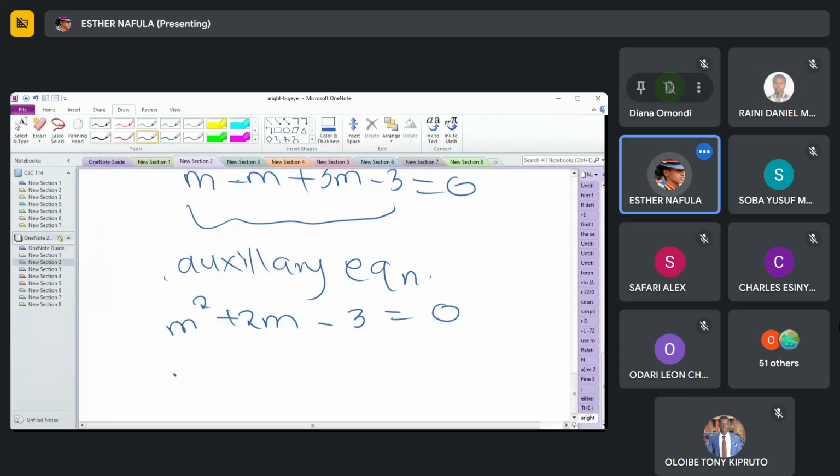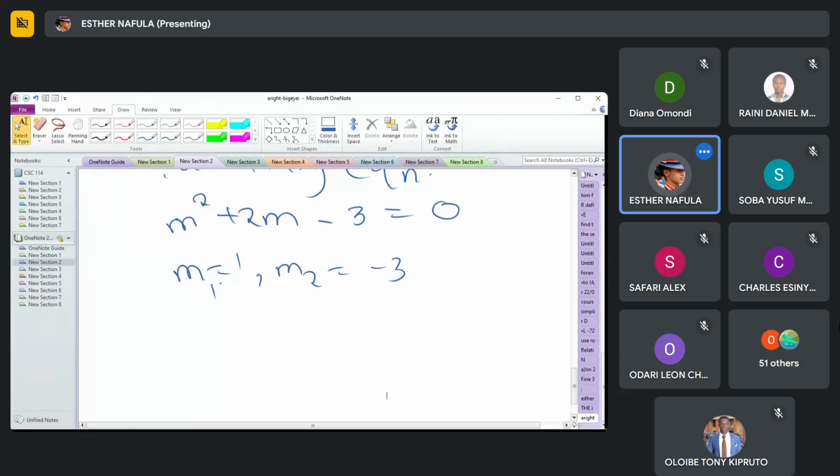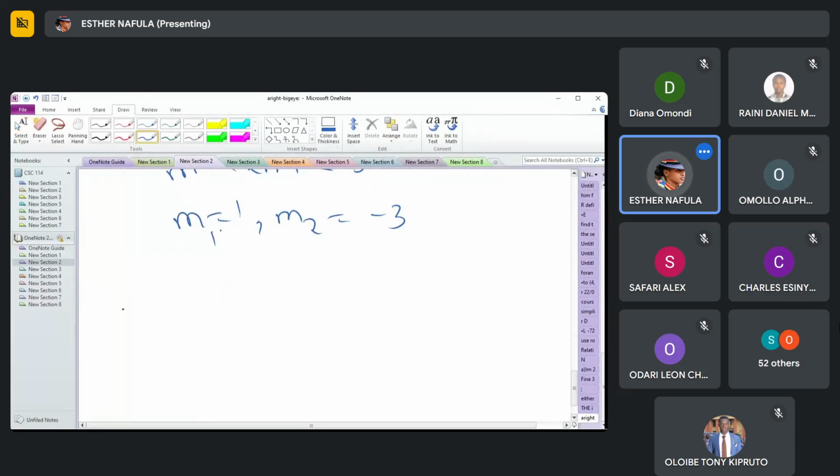So we have m1 equals 1, m2 equals negative 3. Clearly 1 is different from negative 3, so the two roots are real and distinct. So y1 will be x to the m1, which is x raised to power 1. y2 is x to the m2, which is x to the minus 3.